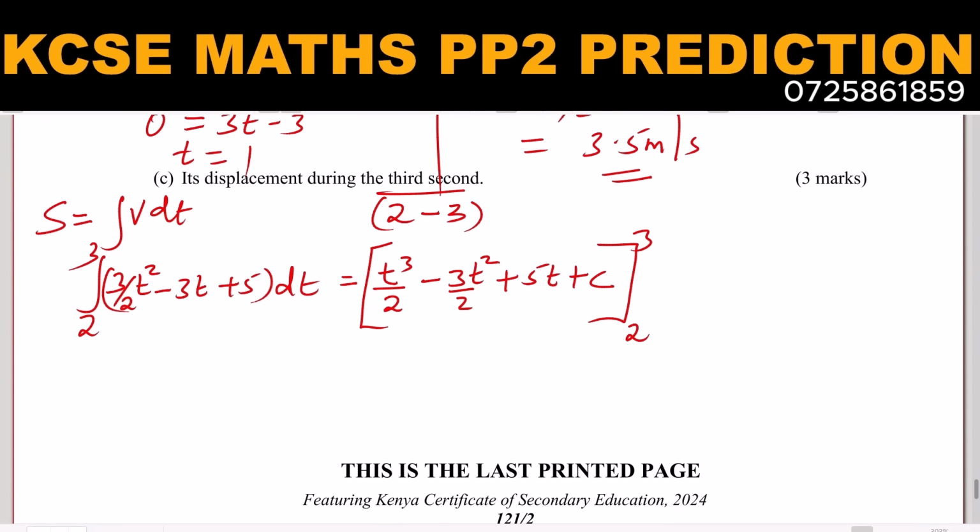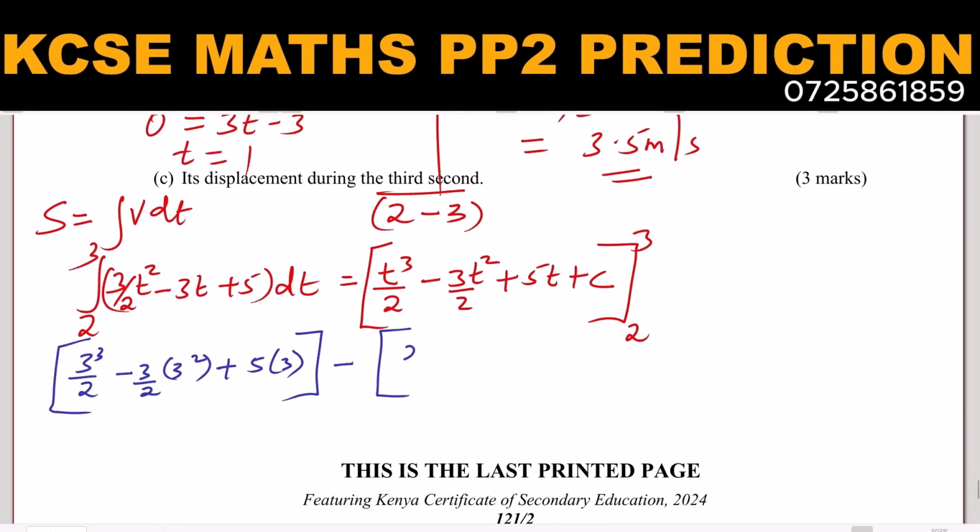From there, you can simply substitute 3 for t: 3 cubed divided by 2 minus 3 over 2 times 3 squared, plus 5 times 3. You can drop c, because even when you carry it, it will get subtracted and be 0. Then subtract, substituting 2.